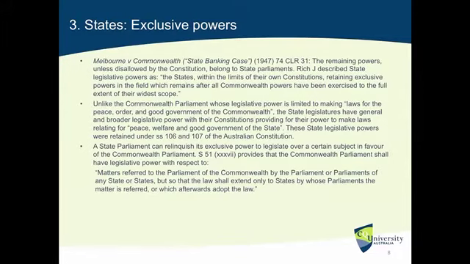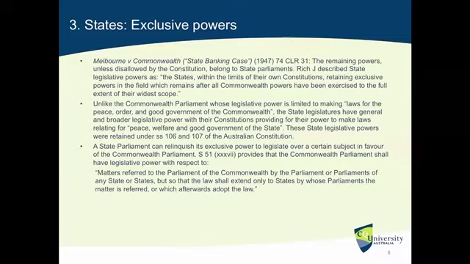So if we follow the ruling of the High Court in Melbourne versus Commonwealth, or the state banking case, the understanding is that the remaining powers, unless disallowed by the Constitution, belong to state parliaments. So to summarize this specific point, the Australian Commonwealth Parliament can only legislate on those fields or subjects which are expressly or necessarily by implication granted to it by the Australian Constitution, and the remaining powers must belong perforce to state parliaments.